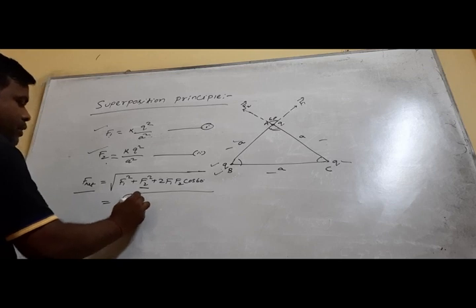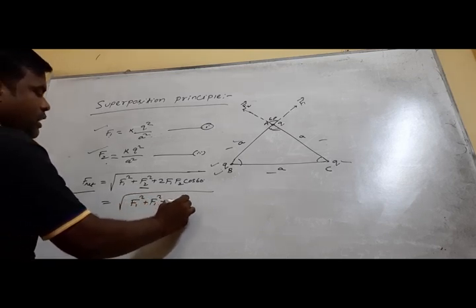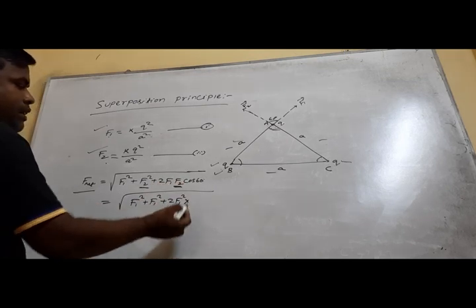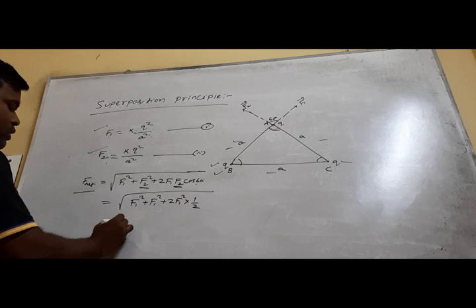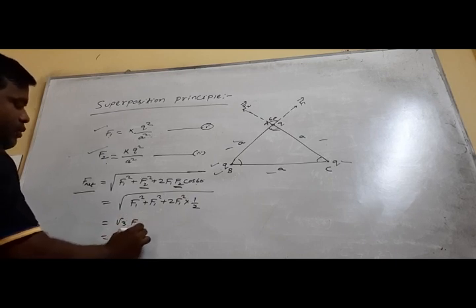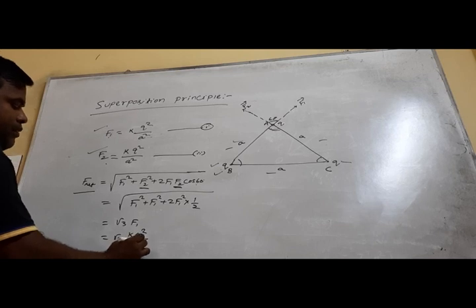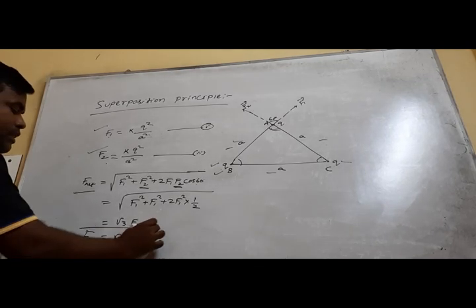That means F1 square plus F1 square plus 2 F1 square cos 60, and cos 60 is 1 by 2. That equals root 3 F1, that means root 3 k q square by a square. It is your magnitude.